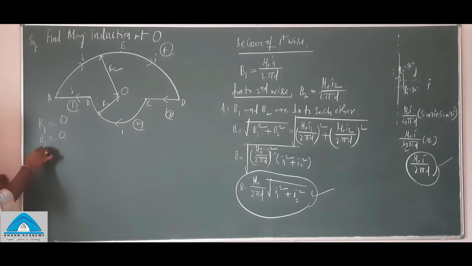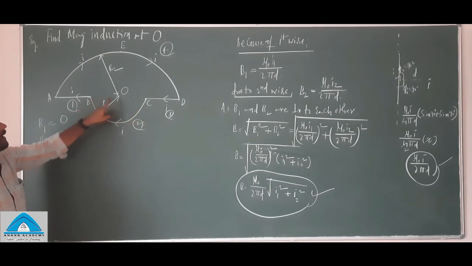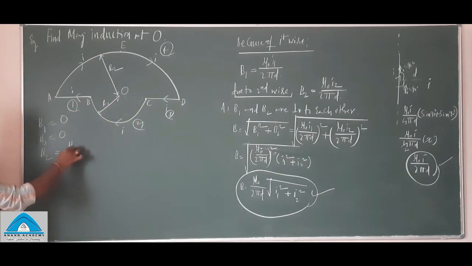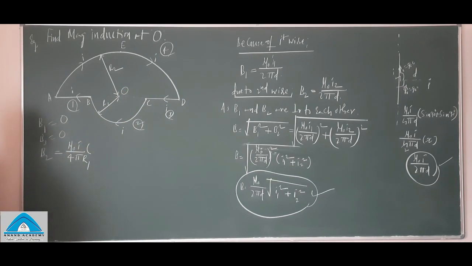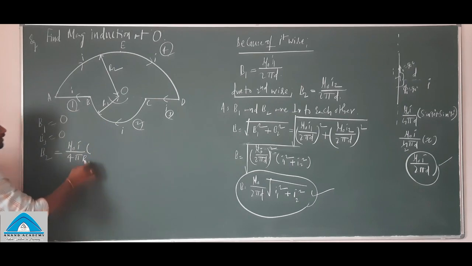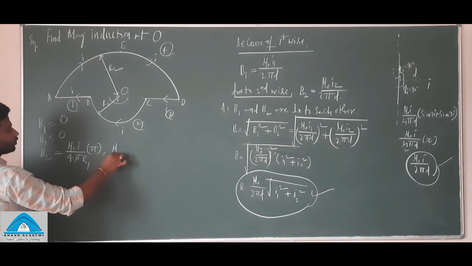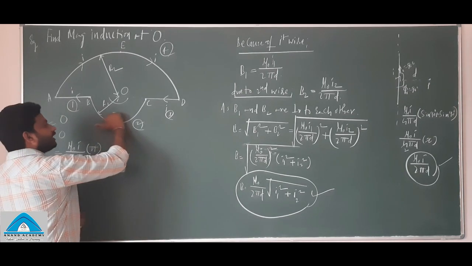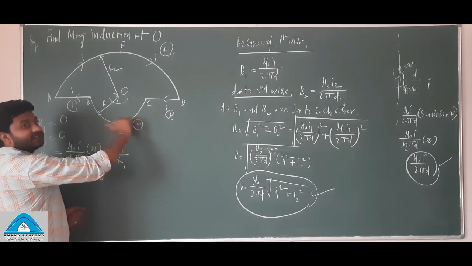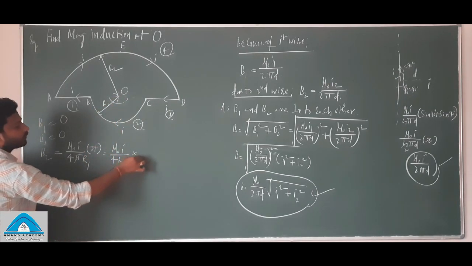And what is B2? B2 is equal to, because of this arc, the magnetic field at this point will be mu naught I by 4 pi into the radius of that circular arc, R1, into theta. What is theta here? Theta here is pi. Right? Pi cancels. So mu naught I by 4R1. As for the direction, current is moving in this direction, and according to the right hand rule at this point, the field is into the plane.